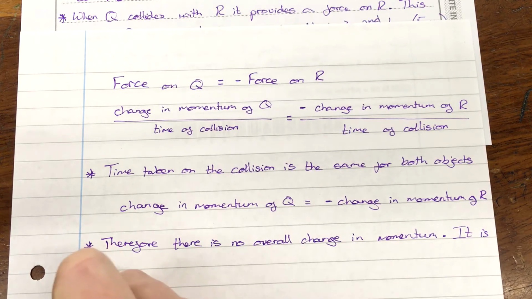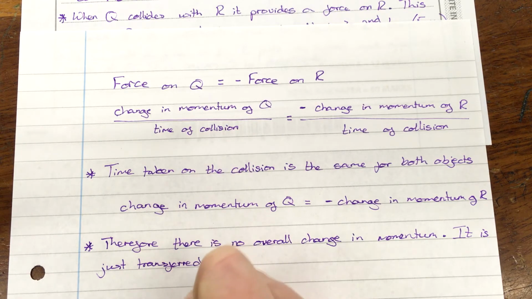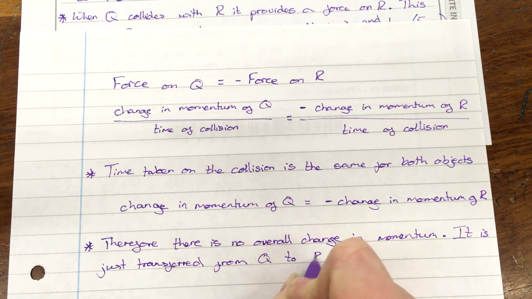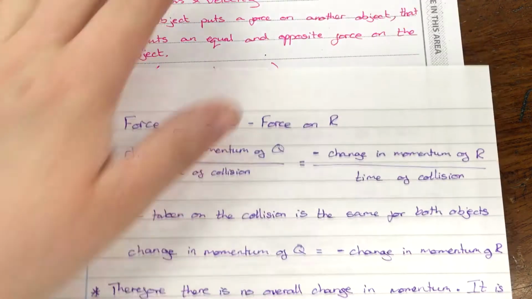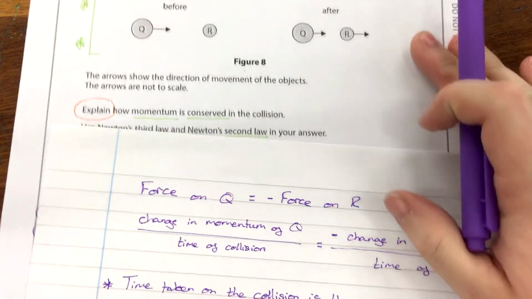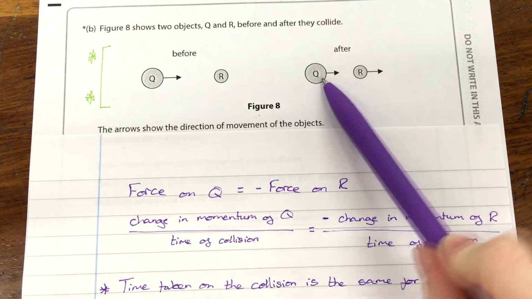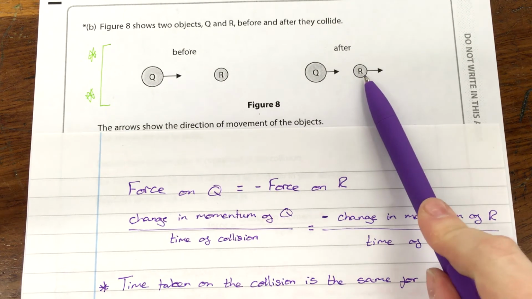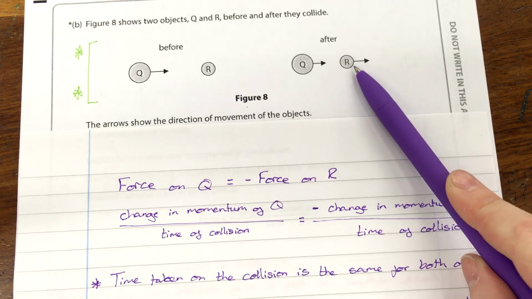It is just transferred from Q to R. So Q now has less momentum than it did at the start. If we look at our diagram, it's going to be moving slower than it was originally, and R has now started moving and has momentum now.